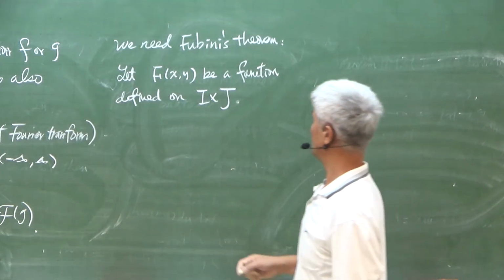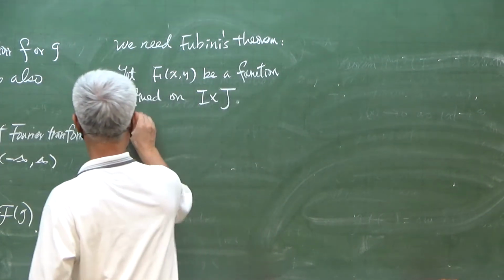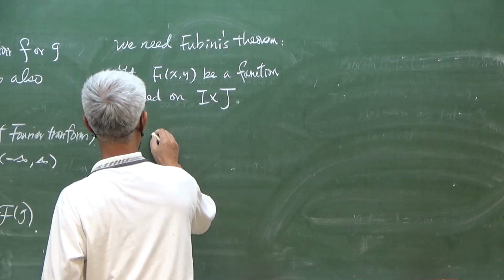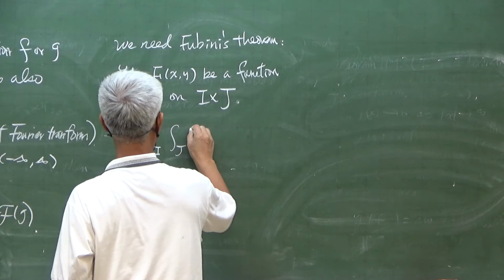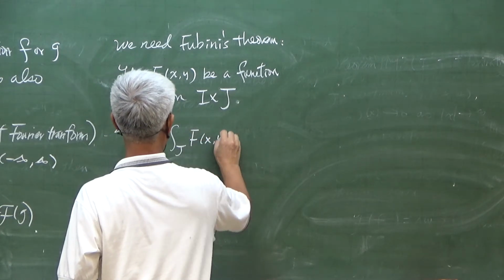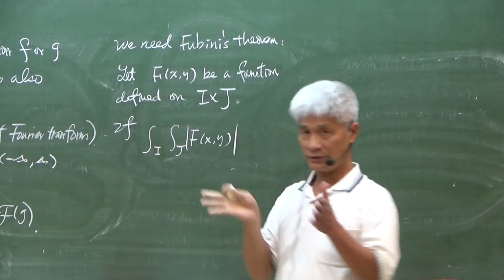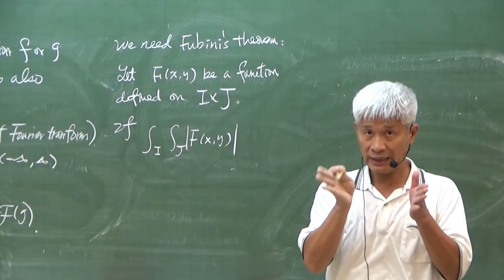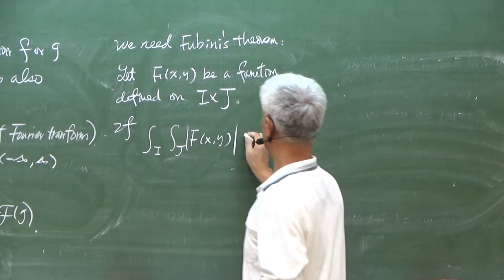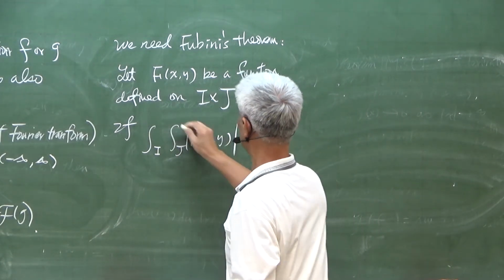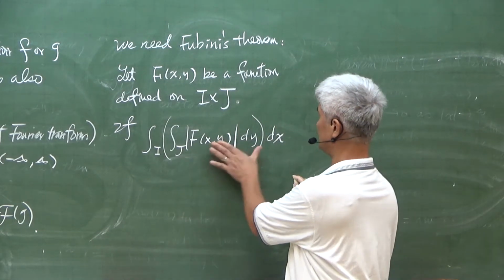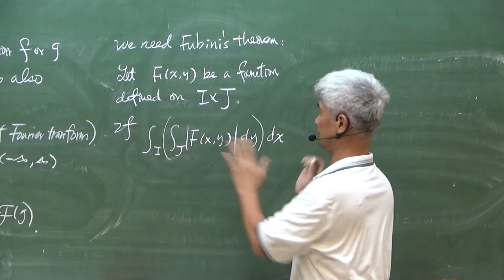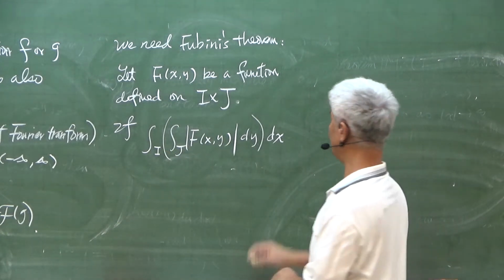Now, take the absolute value of f and integrate, over y first and then over x, and you find that this is finite.